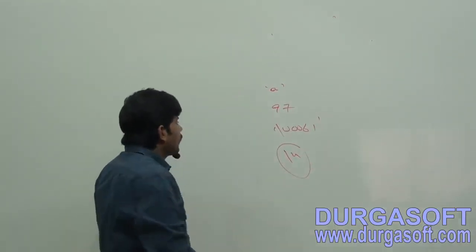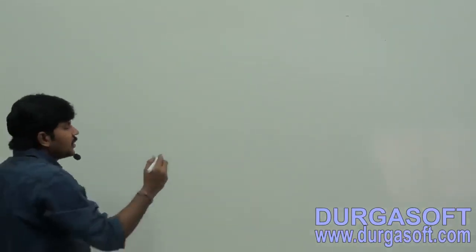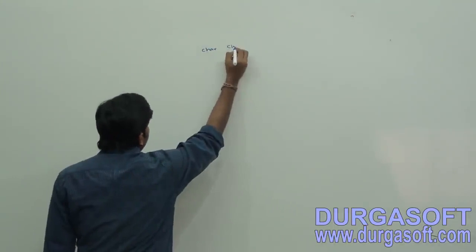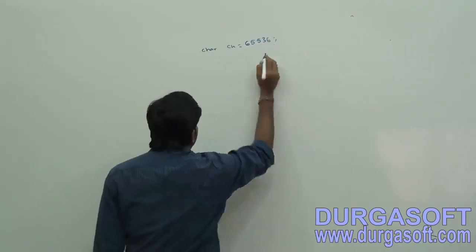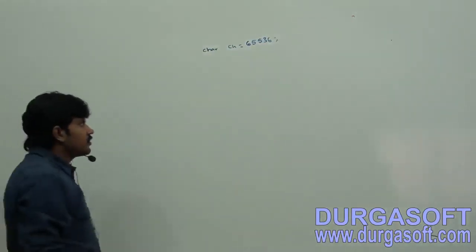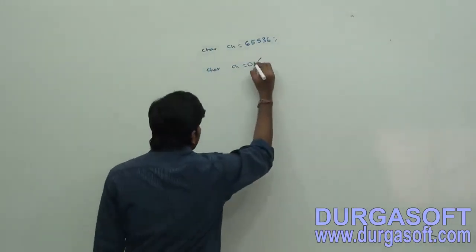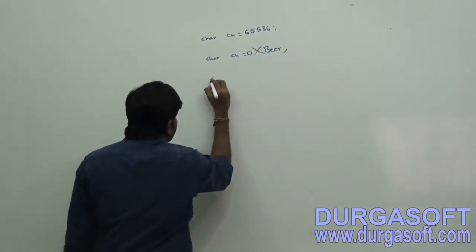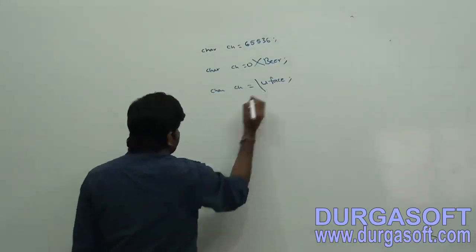Which of the following are valid? Here, sir: char ch = 65,536. Char ch = 0xBEEF. Char ch = '\uFACE'. Char ch = '\uBEER'.